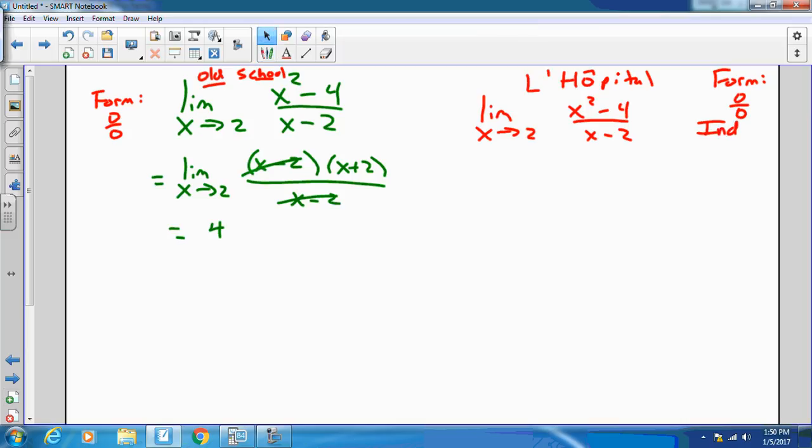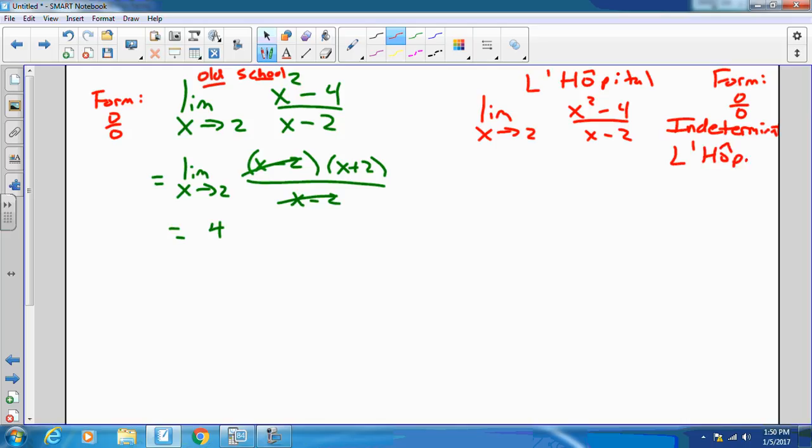This form is indeterminate, and it is also L'Hopital's eligible. What I mean by that is that this is a form for which L'Hopital's rule is valid, and I may proceed using L'Hopital's rule.